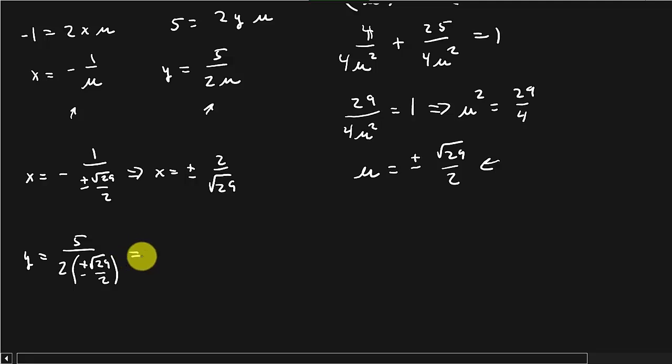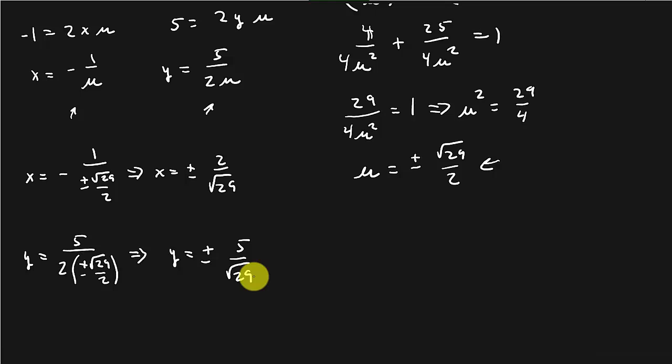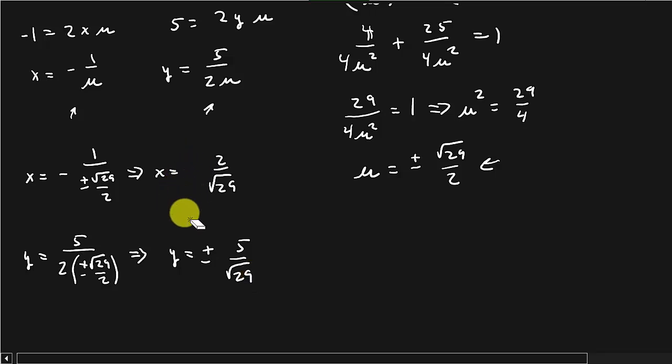I'll fix it in just a minute. So this is going to mean that y is equal to plus or minus 5 over square root of 29. That's y.